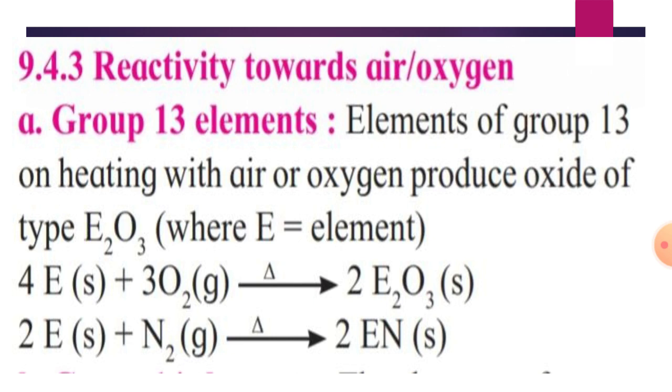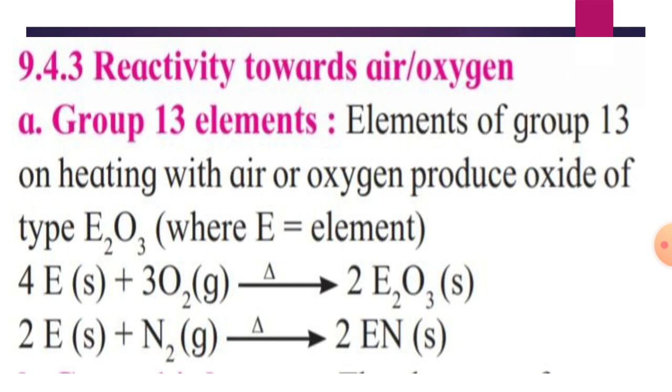Let's move towards reactivity towards air or oxygen. Elements of group 13, on heating with air or oxygen, produce oxides. Whatever the element of group 13, when it is reacted with oxygen, it gets converted into the respective oxide.